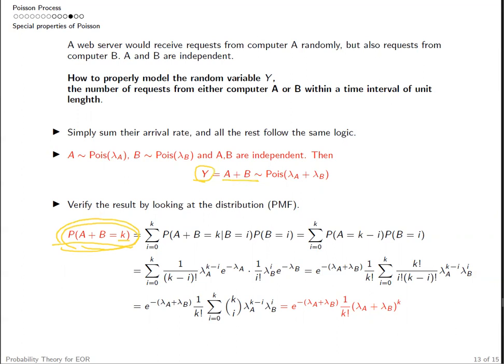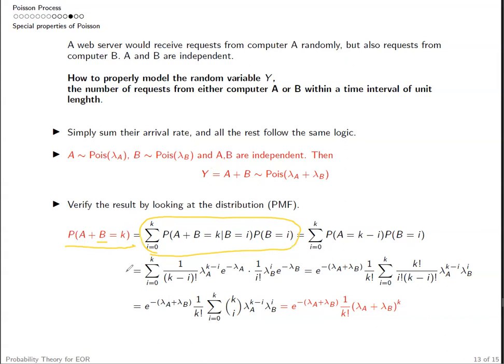Okay, I have already shown the results here, but you can pause the video and try to figure out the calculation steps yourself. To calculate the probability of A plus B equals k, let's consider this summation. What are all the possible values taken by B?